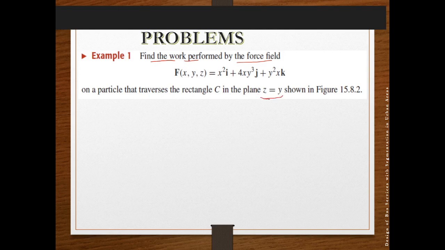That means this is a boundary of a surface. Then for the work integral we will use Stokes theorem. If it is in a plane, we will use Green's theorem. So that is important. Here, the rectangle is the boundary of the surface.